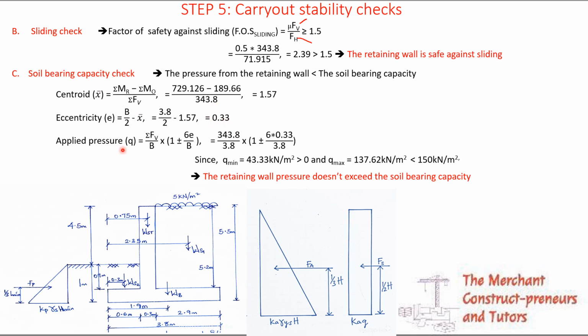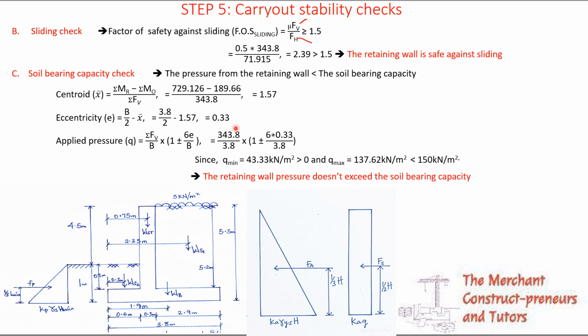Now the applied pressure, we have the minimum and the maximum, and it's given by this formula: the summation of vertical forces divided by the base width, multiplied by 1 plus or minus 6 times the eccentricity divided by the base width. The minus is for the minimum pressure, and the plus is for the maximum pressure of the retaining wall.